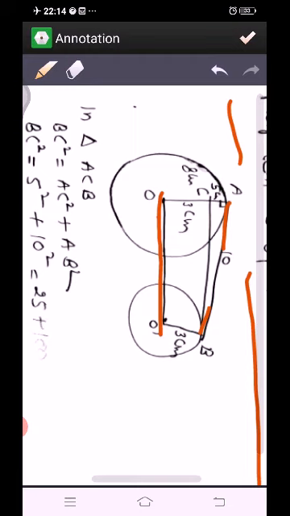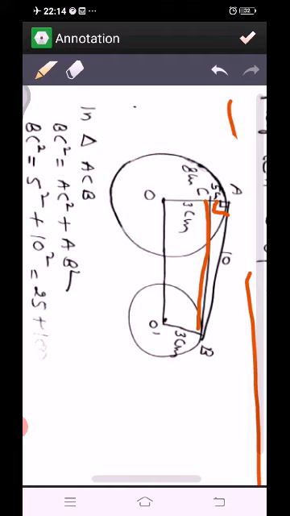Then we draw this line BC parallel to OO dash. So here we know that this angle is 90 degree. So this BC will become hypotenuse of this triangle ACB.